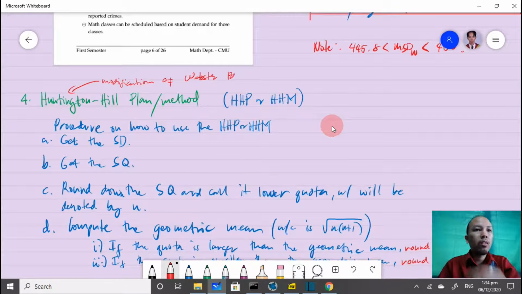The Webster plan is a modification of the Jefferson plan.